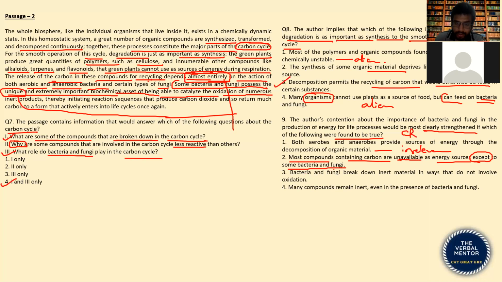So indirectly, option 2 tells us that most of the compounds which contain carbon cannot be decomposed by other microorganisms than some bacteria and fungi. This is exactly what we are looking for. Now, if this were true, the author's argument that they are unique and the process almost entirely depends on bacteria and fungi will be strengthened if other microorganisms are incapable. So option 2 is the correct answer.